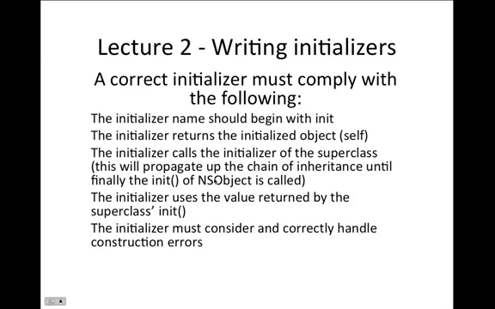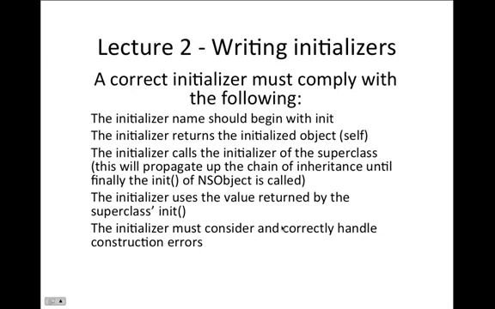It's like in Java where we inherit from object, but we don't actually have to say object. In C++, we don't have to say object either, but in Objective-C, we have to explicitly inherit from NSObject. And the initializer also uses the value returned by the superclass's init.